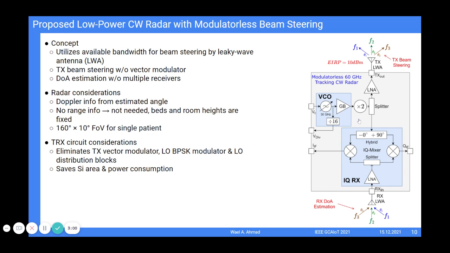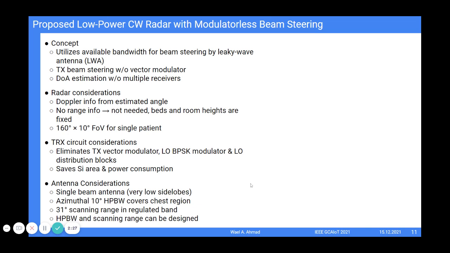Since the number of components is low, we can integrate the frequency synthesizer in the chip. This very low number of components can save a lot of chip area, silicon area, and also a lot of power consumption. There is no modulator in the TX or RX.